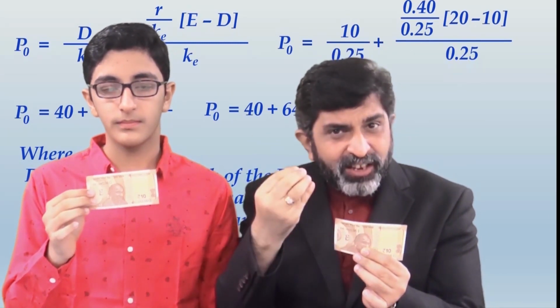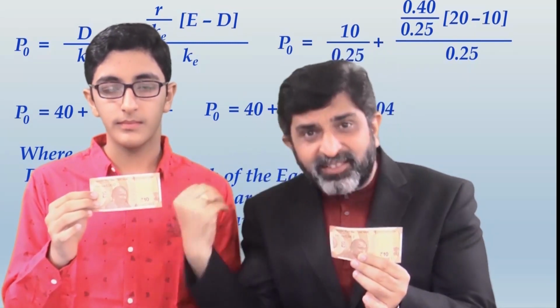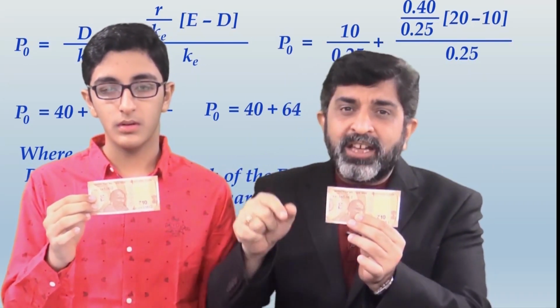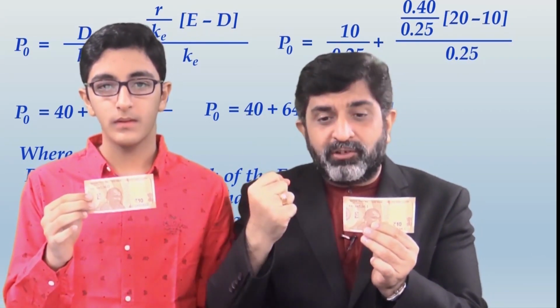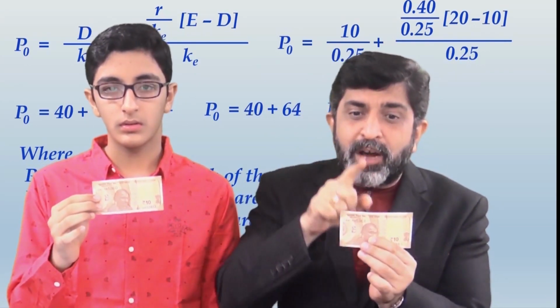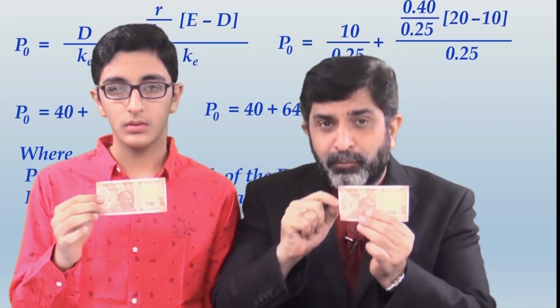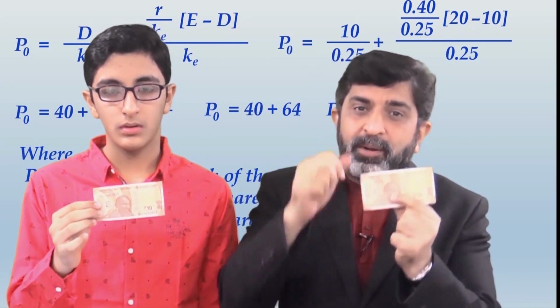The obvious answer is at his discounting rate, which is 25% Ke. On the other side, the company will not reinvest this money at 25%. The company's return generating capacity is 40%, so the company will reinvest this 10 rupees at a 40% reinvestment rate.